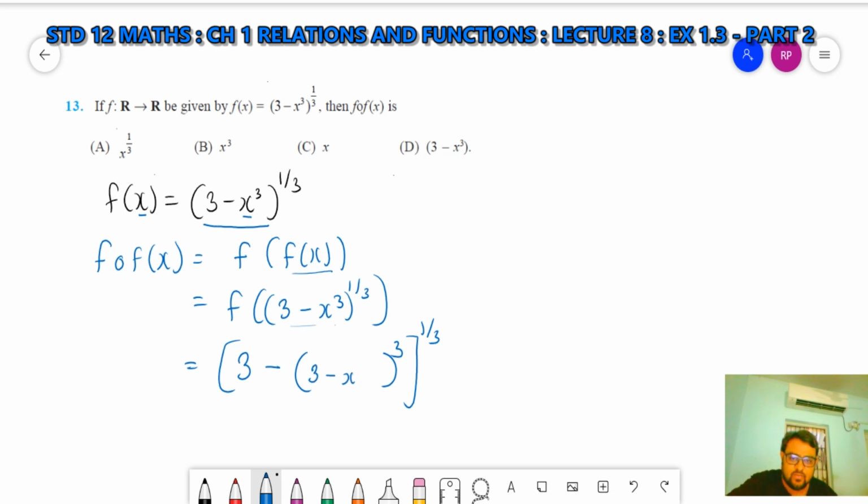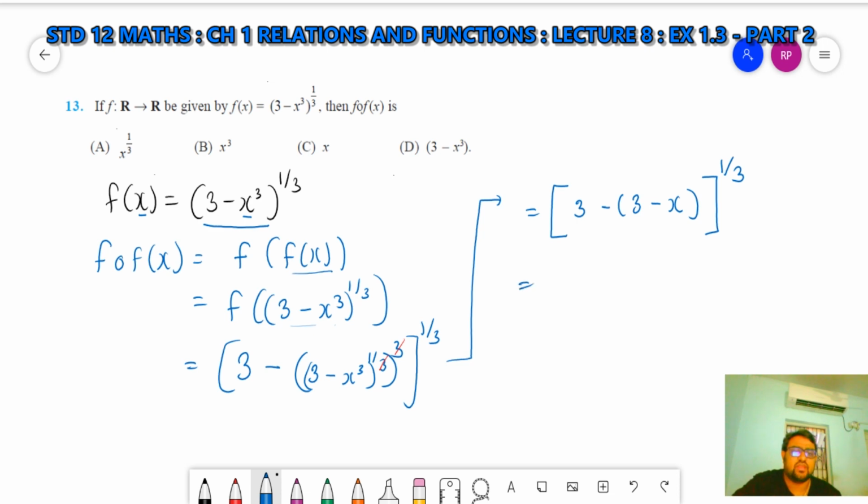So carry it forward here, this will be equal to 3 minus, see here, the 3 and 1 by 3 will get cancelled, so the power remains 1, minus (3 minus x cube).